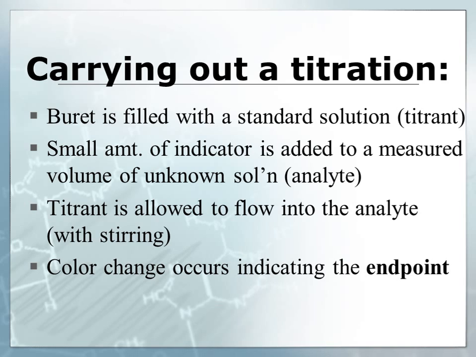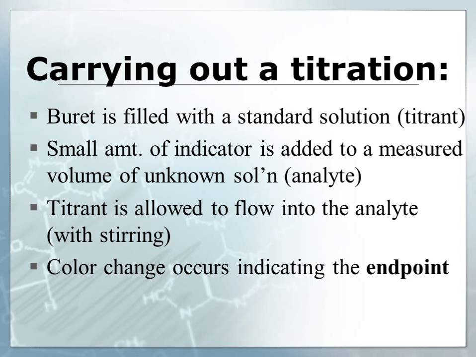And you know you've hit the end point when you see a color change that is based on whichever indicator you happen to be using, but that color change persists. When you're getting close to the end point, the color will change and then it will fade away as the reaction takes place between the titrant and the analyte. But when you've truly reached that end point, you will see that color change persist.